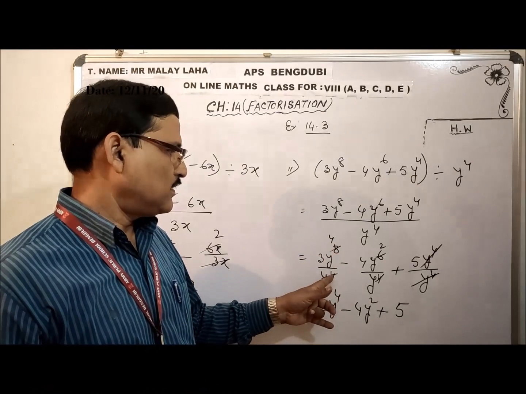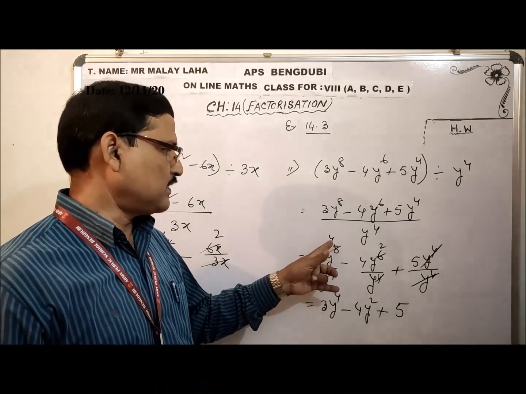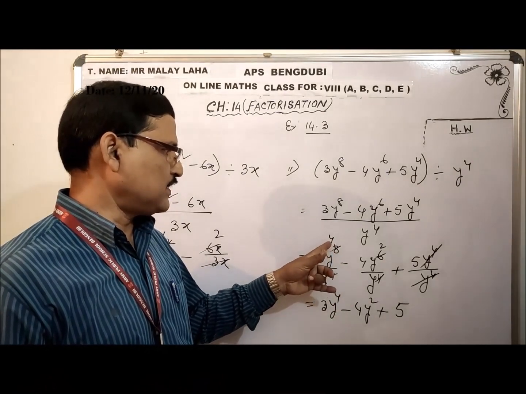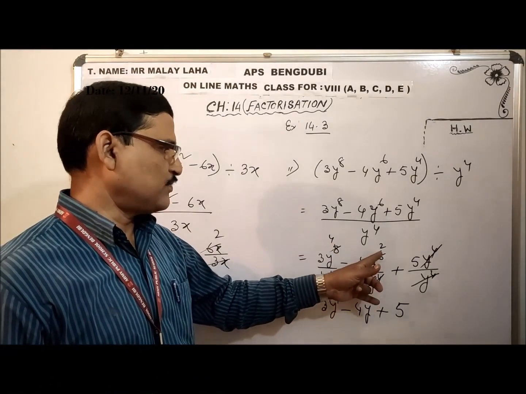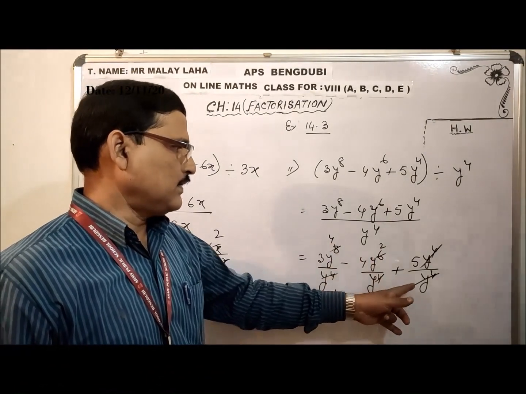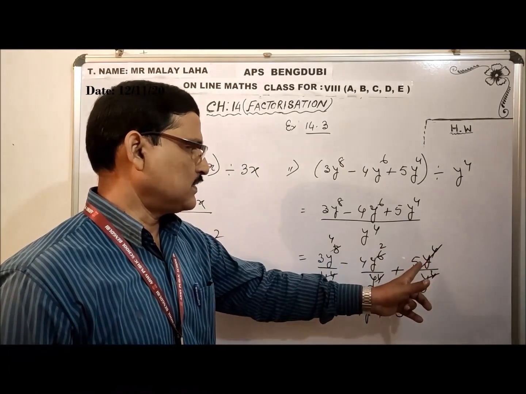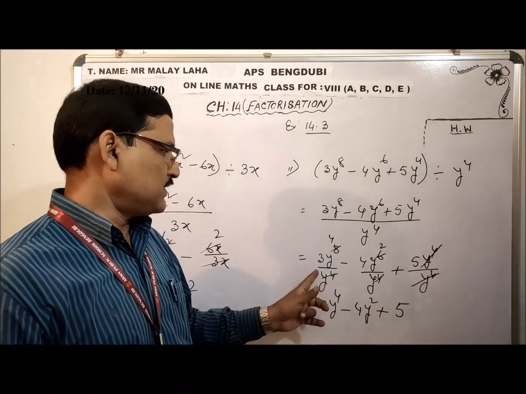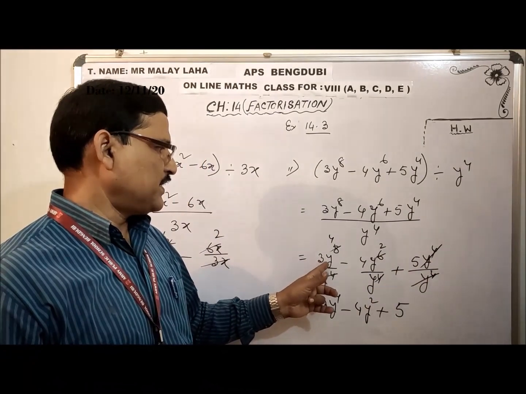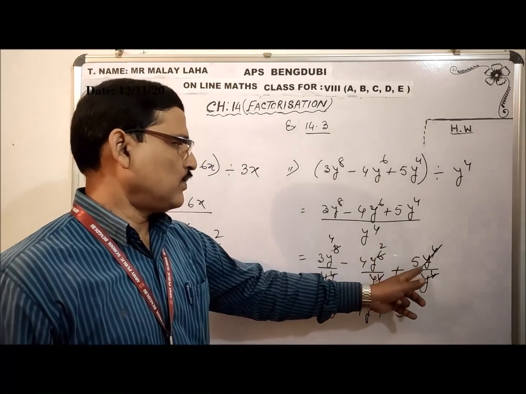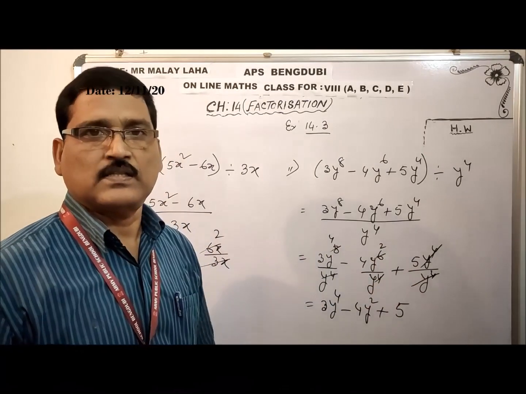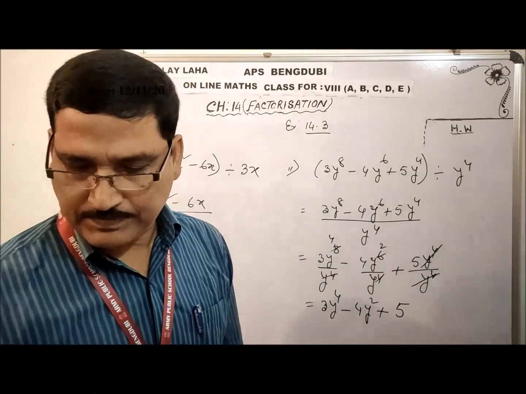So 4 from 8, after reducing, I am getting 4. 4 from 6, after reducing, I am getting 2. And y4 by y4 gets cancelled, only 5 is left out. So what is left out here? 3y raised to 4, 4y raised to 2, and only 5 is left out. This is the answer. Okay? Very simple.